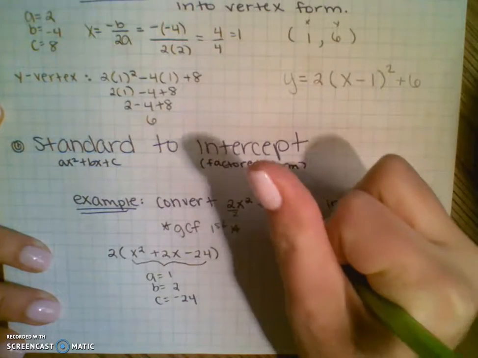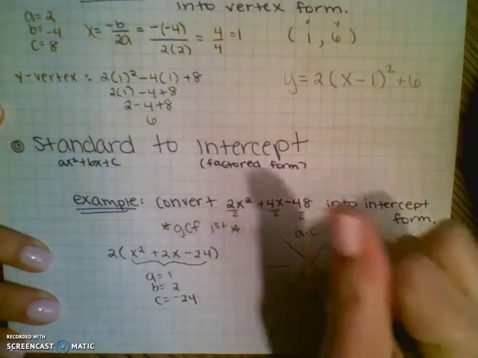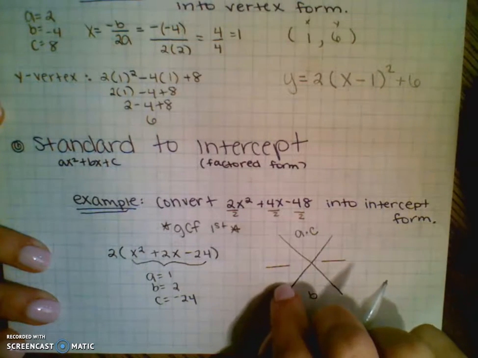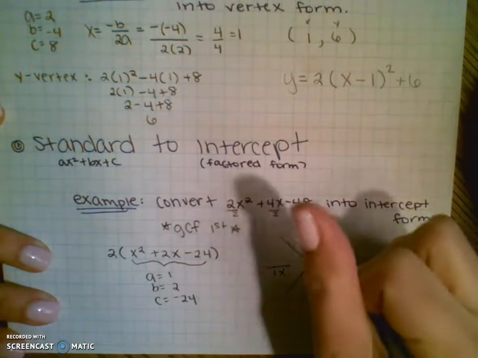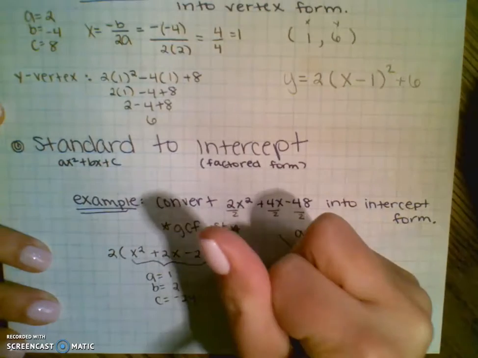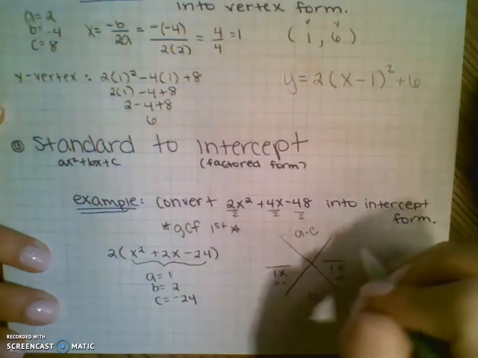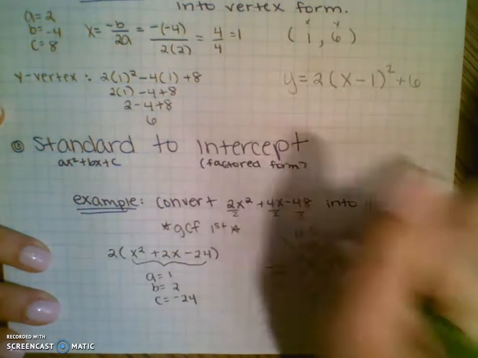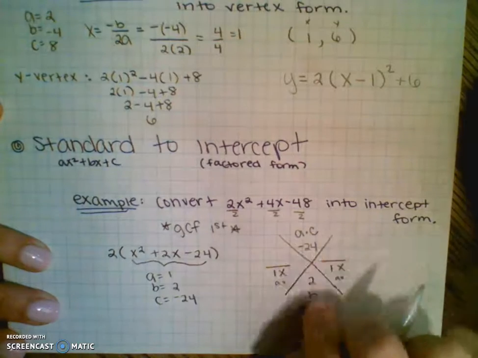Remember, A times C, B goes in the bottom, and your fractions on the side are A over x, so in this case, it's just a 1x. So A times C, 1 times negative 24 is negative 24. B is 2. Remember you're multiplying to this and adding to this.